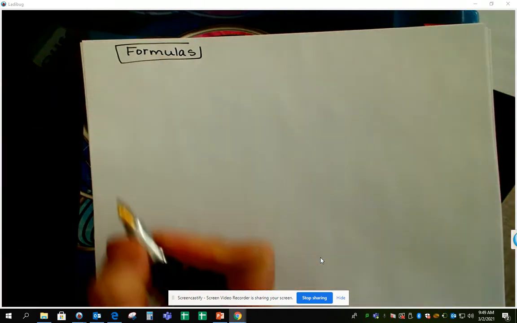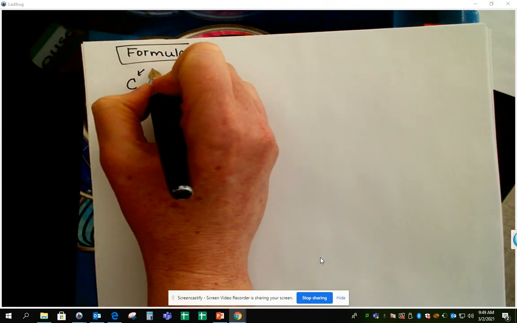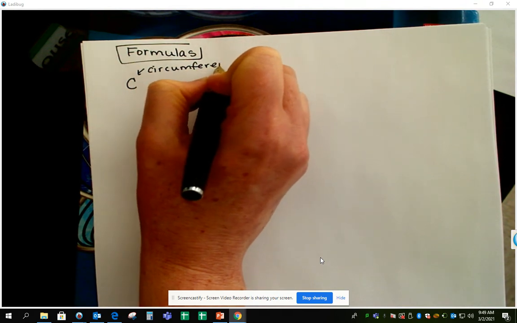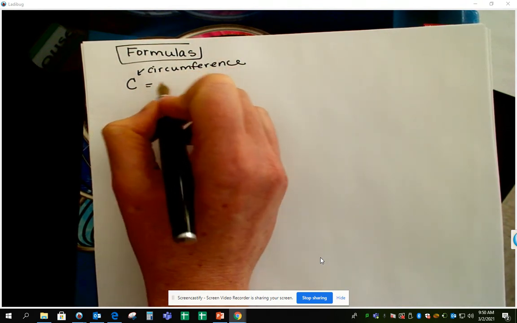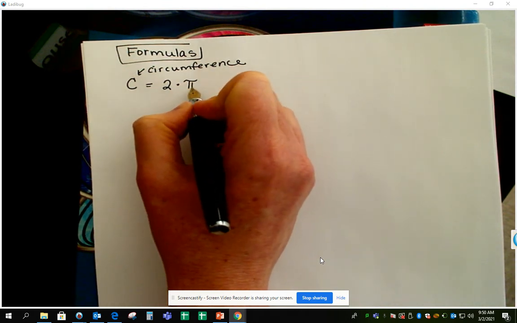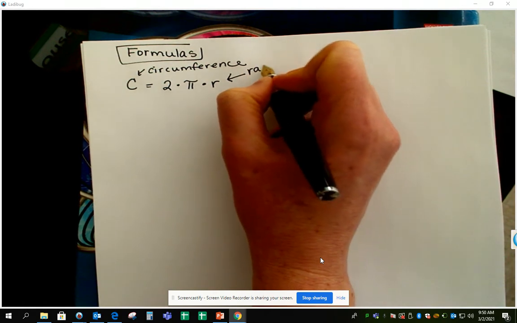If we want to find circumference, we can do C equals 2 times pi times r, and then r is going to stand for the radius.